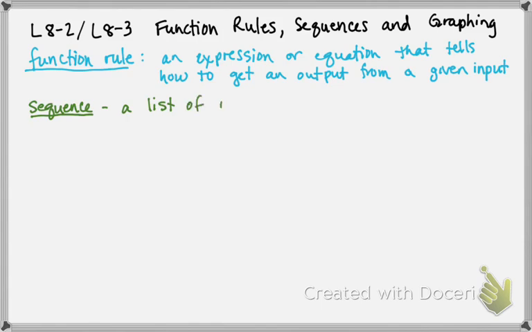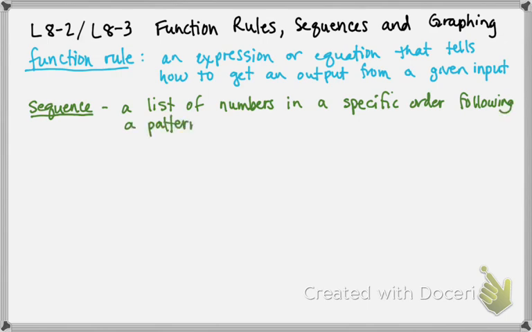A sequence is a list of numbers in a specific order following a pattern. So that pattern turns into our rule. I'm going to put rule here. I forgot about this word, term.